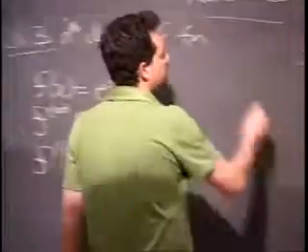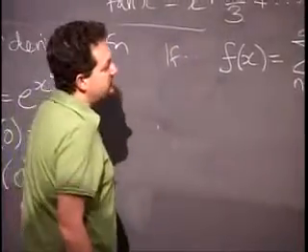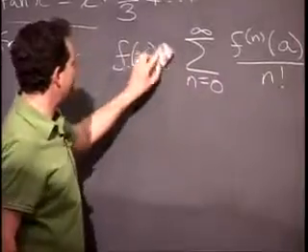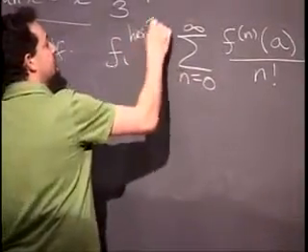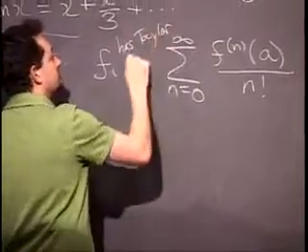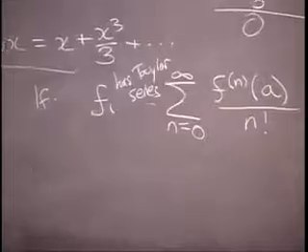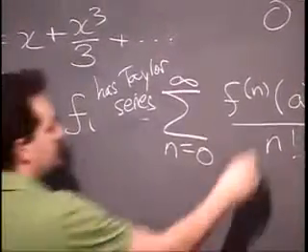So if this is true, well, even if it's not true, if f happens to have a Taylor series, it doesn't matter whether it converges to it or not. If you know the Taylor series, then this is the coefficient.